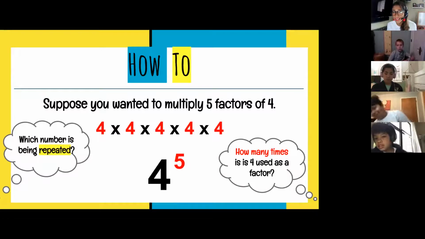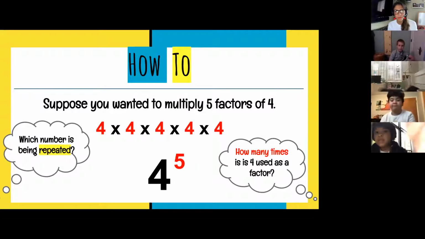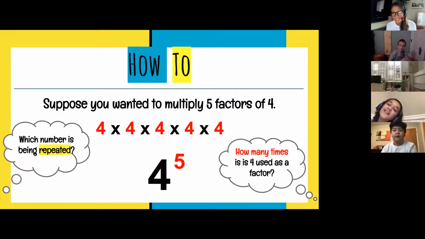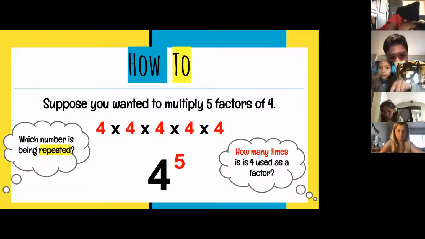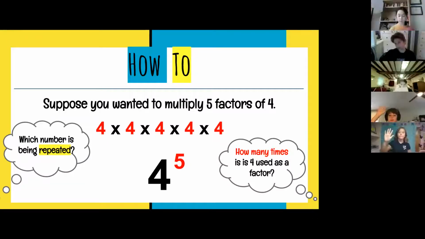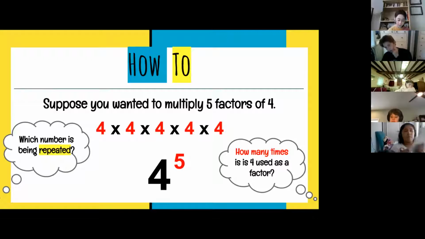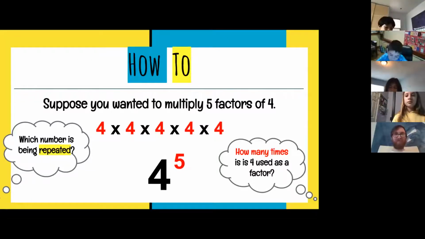It's not called little bitty baby 5, no. Well, what is it that's called? I'm looking for some hands. Lucy, what do you think that 5 is called? It's got a name. An exponent. It's a little bitty exponent. That's right. It's a little bitty exponent.